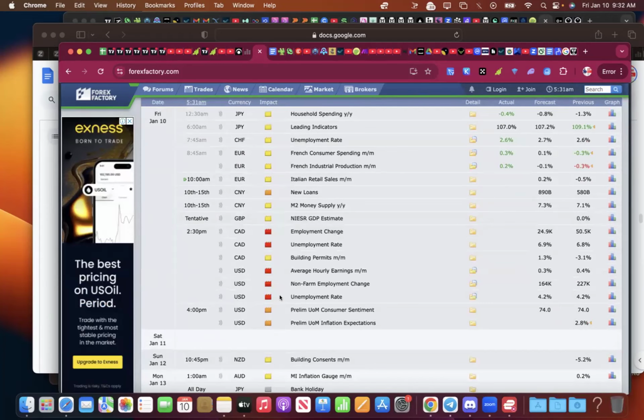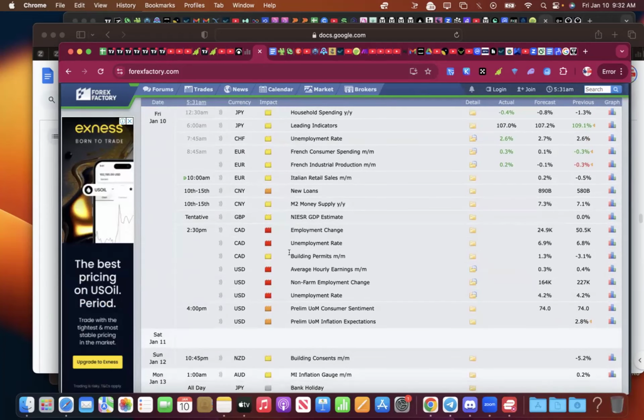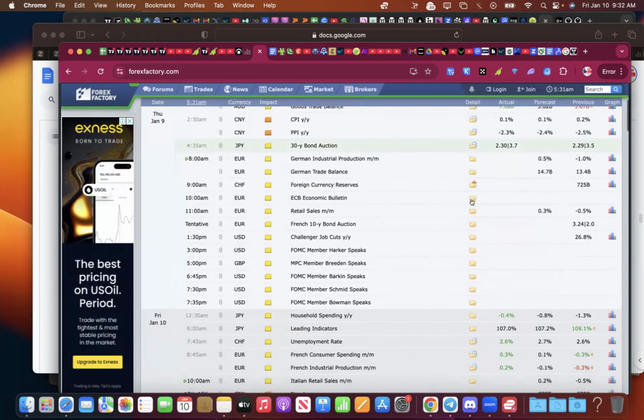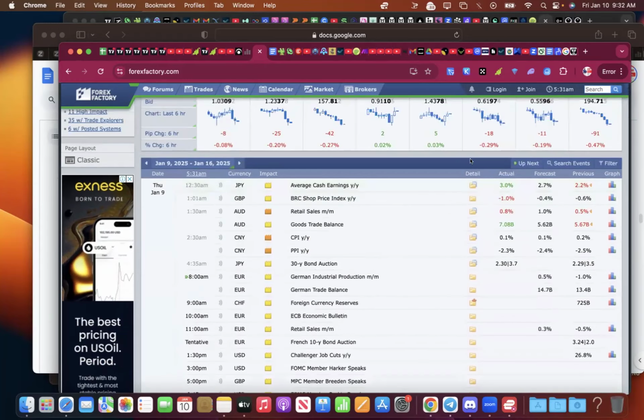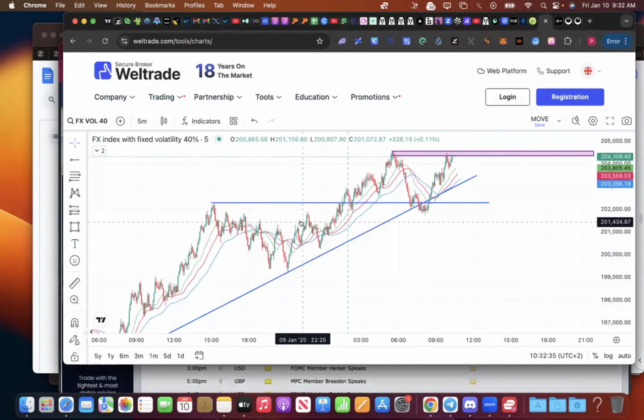FOMC, employment rate, and all the like, and these are powerful news. If they are positive for the US dollar, any pairs against the US dollar will go down, and then the US dollar will have the upper hand. That's exactly what you need to understand. Basically, this is a summary of the whole thing so that we can work on ourselves to achieve maximum results.